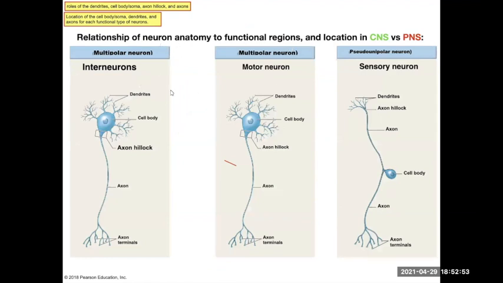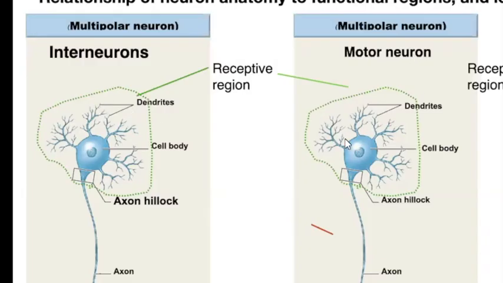Let's take another look at this, same kind of thing, looking at individual cells, the different parts of the body: the multipolar, which would be an interneuron or motor neuron, and then the so-called pseudo-unipolar neuron over here, right? Dendrites, cell bodies, axon hillock, axon, where are they? The receptive region, where it's picking up information, for your interneurons and motor neurons is in the gray matter of the spinal cord and brain.